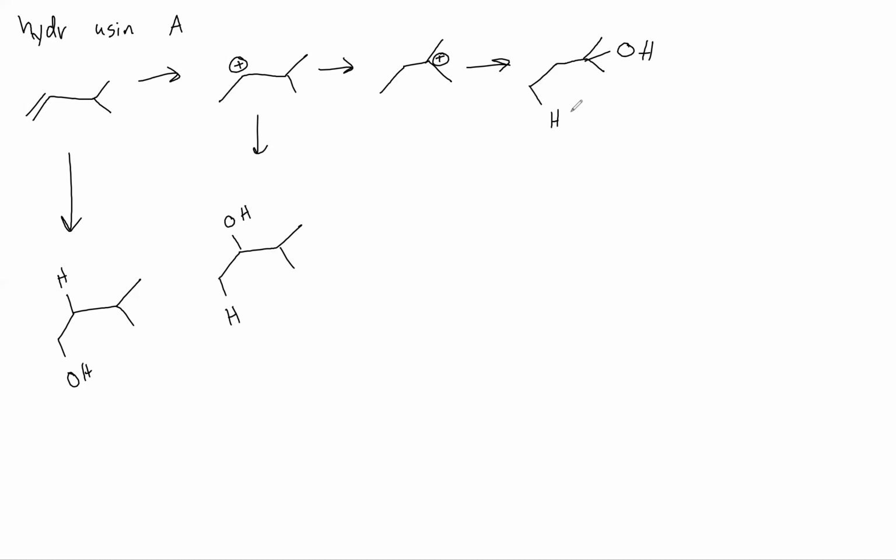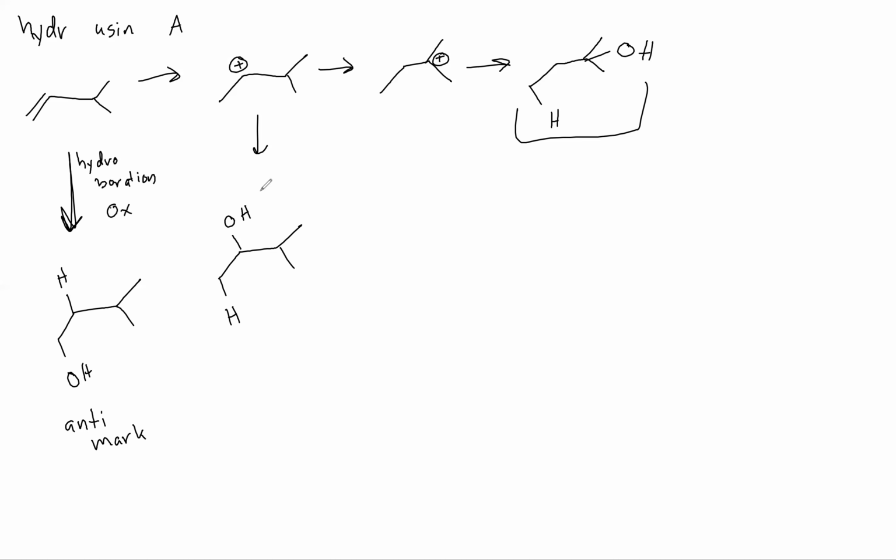This first one here, of course, we obtain by just doing the regular hydration using an acid. This product here, the anti-Markovnikov product, because you can see the OH added to the less substituted carbon, is going to be a product of hydroboration oxidation.